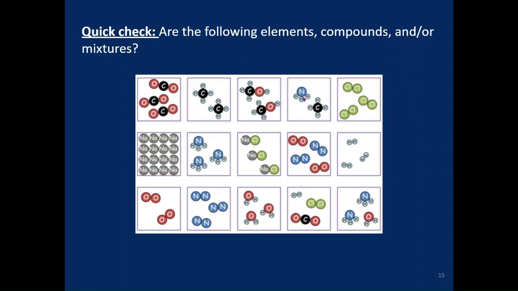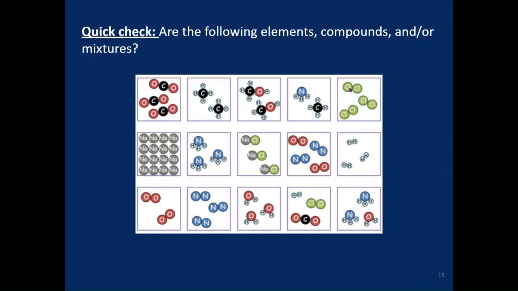Here we have two different compounds, NH3 and CH4, which means we have a mixture of compounds here, right? Two different things. Here we have two chlorines bonded to themselves. So these are elements, right?